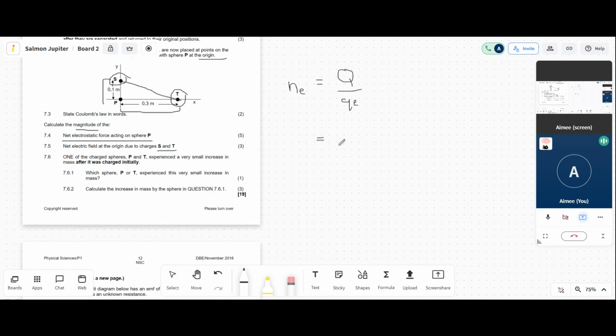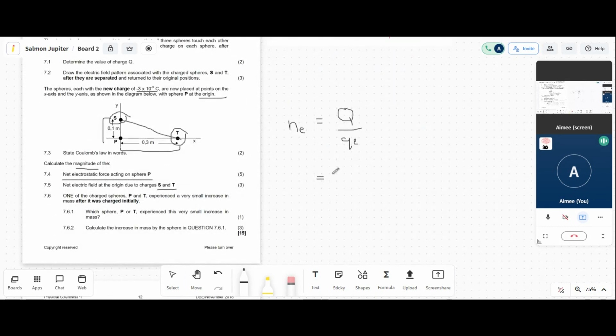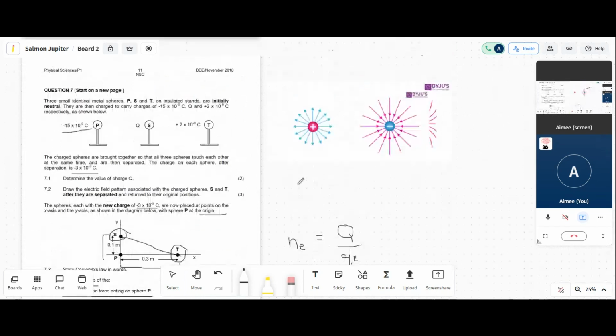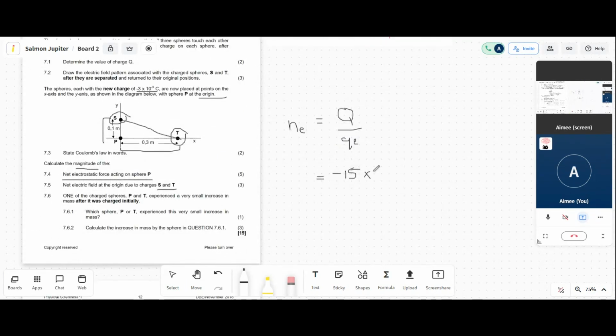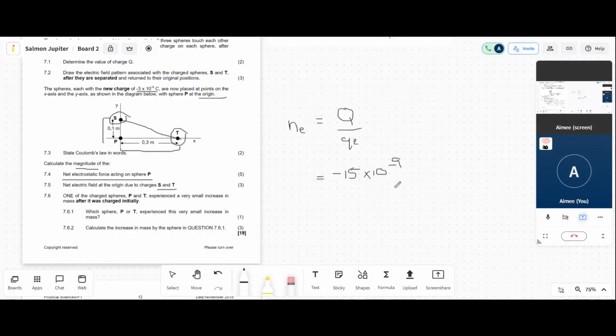You know that the charge of the sphere initially, after it was changed for P, was negative 15 times 10 to the negative 9, divided by the charge on an electron, which on your formula sheet says negative 1.6 times 10 to the negative 19. You plug that into your calculator, and now you know how many electrons were added to your sphere.